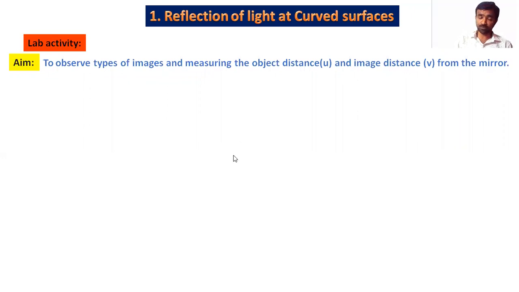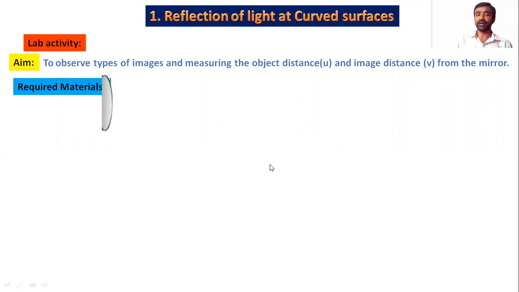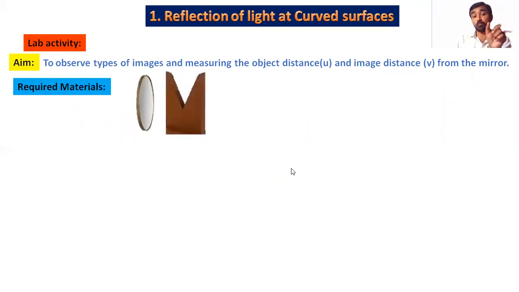So these are the 3 things we are observing in this lab activity. For this purpose, what materials are required here? Can anybody help me? Okay, so I'll tell you. One is a mirror, especially a concave mirror, right? Next I require a stand to hold the mirror.